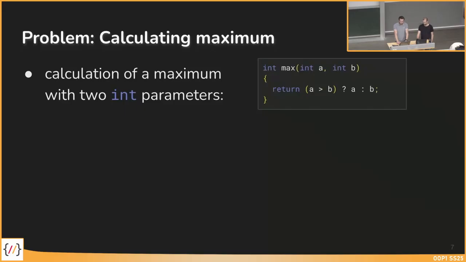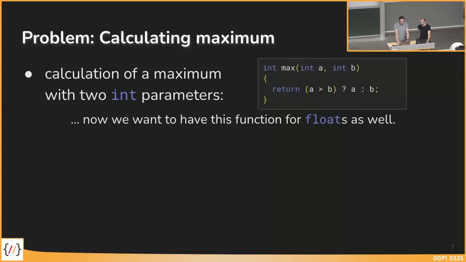It's not a big deal: we just have a function taking two integers, and with this comparison operator we see which one is greater than the other and return the maximum with this ternary operator, returning an integer, because the maximum of two integers is an integer.